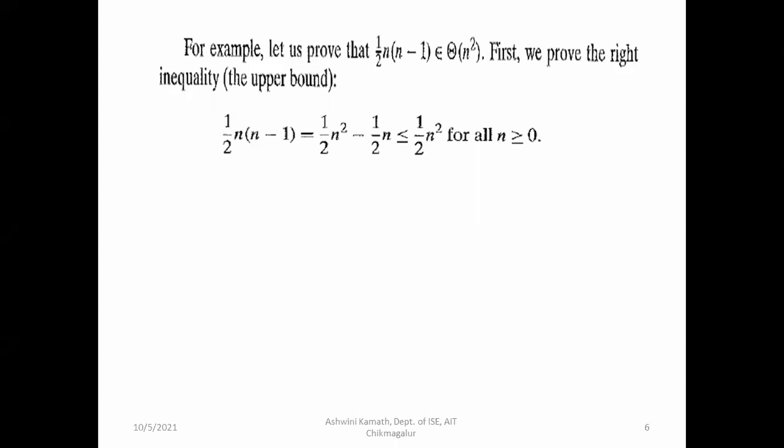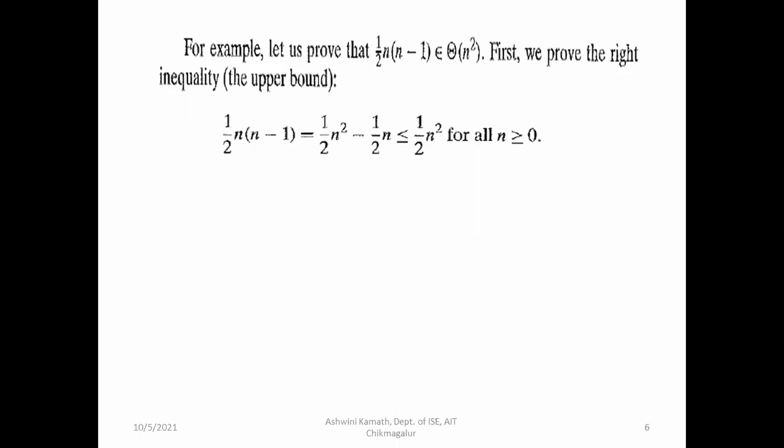If n is equal to 1, half minus half becomes 0, which is less than half again. I hope you're getting it. Half n square: half into 1 square is half, minus half into 1, half minus half, it is equal to 0.